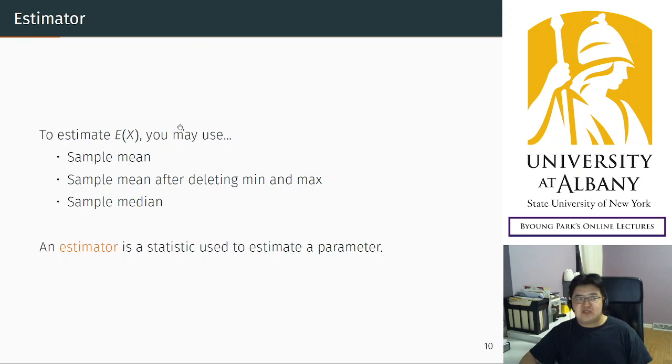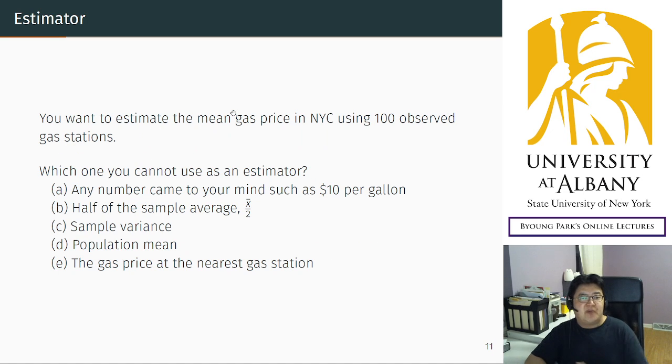But what I want to tell you here is, before studying what is a good estimator, first we have to think about what cannot be an estimator, like we considered what cannot be a parameter. So let's think about this. You want to estimate the mean gas price in New York City using 100 observed gas stations.